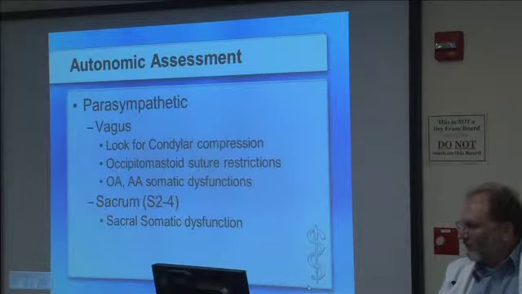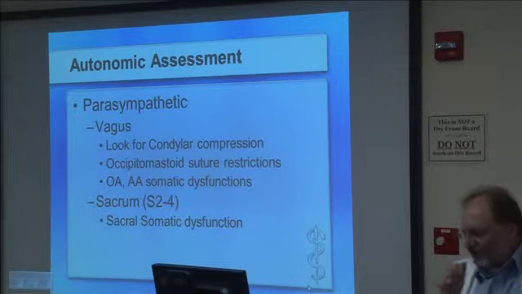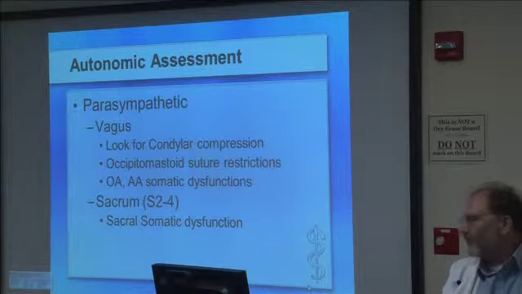So again, look for condylar depression, mastoid type suture restrictions, and focus it to the complaint that you have. Headache pain, neck pain, but you can also just do soft tissue techniques and inhibition on these techniques as a way to stimulate their parasympathetics. Do some sacral rocking.